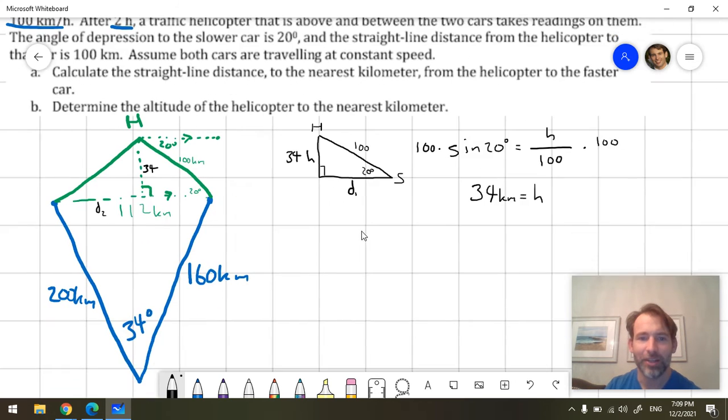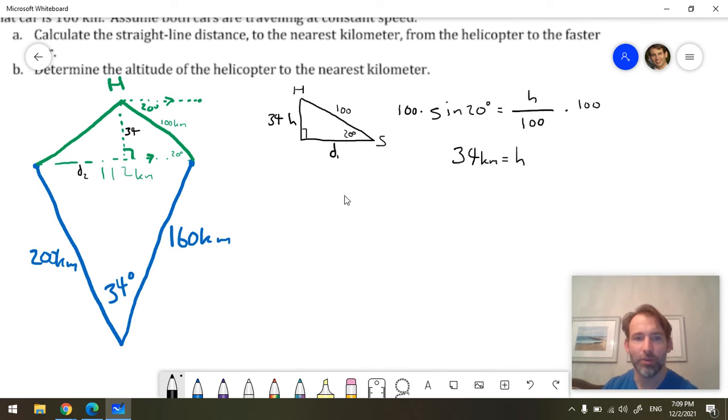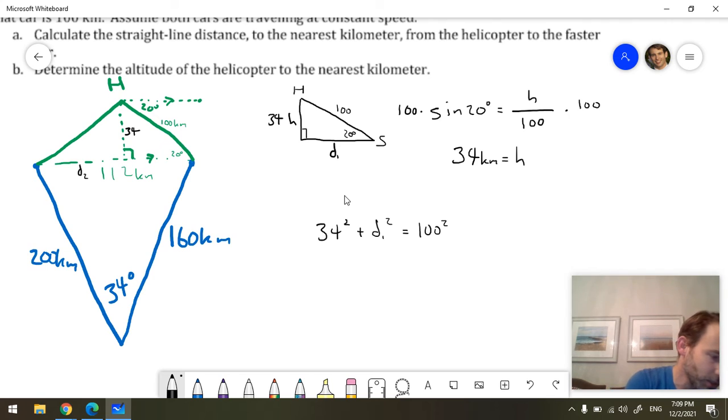So here, let's go. So now to find D1, I would say 34 squared plus D1 squared equals 100 squared. So doing those on my calculator, 34 squared is 1,156.